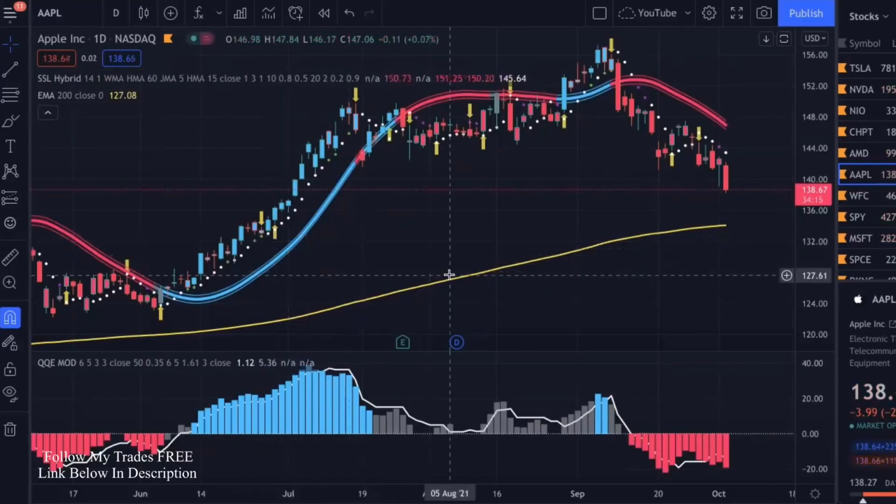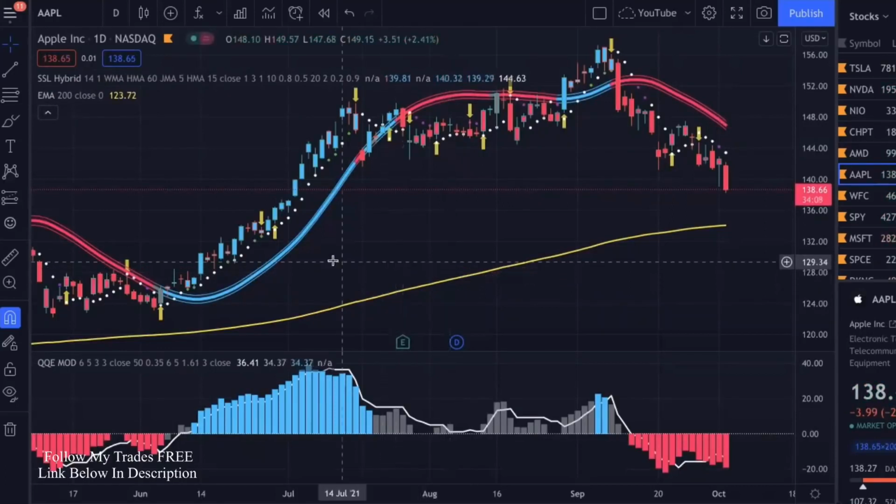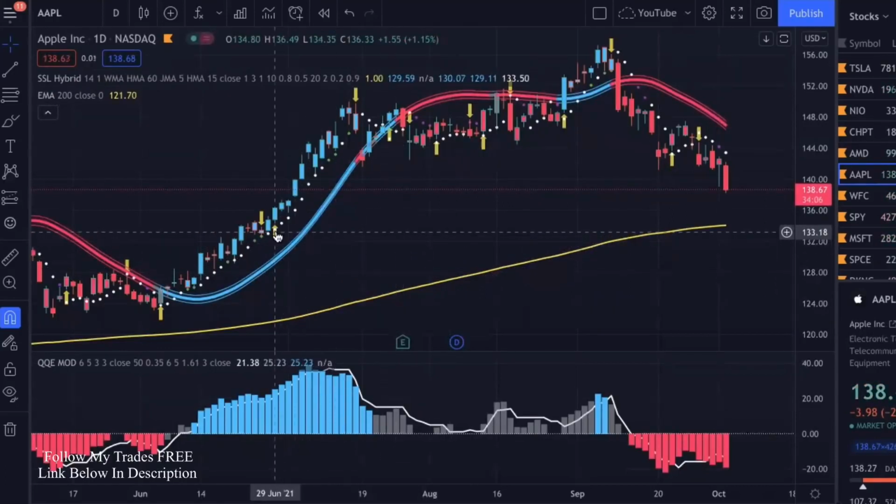It doesn't get any easier than this. This indicator actually gives you an arrow of when to get in. And I like to wait for that candle to close, because it could change and reverse and all of that stuff. So I want that candle to close with a confirmation that, hey, it's going up.